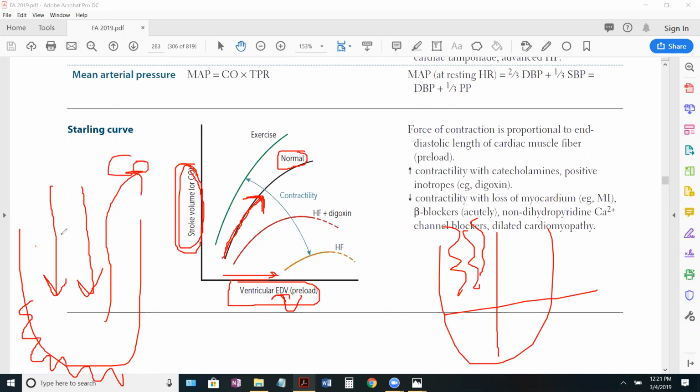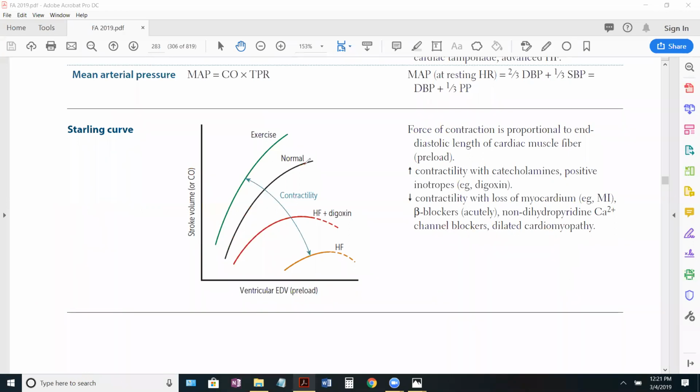No. So which thing is telling us? With increasing preload, we are increasing the stroke volume. This is an indicator that the contractility of the heart is increasing with the successive increase in the preload. Frank Starling observed this process, and he made a law, and that is the Frank Starling mechanism. And remember that after this, look here, this is the peak.